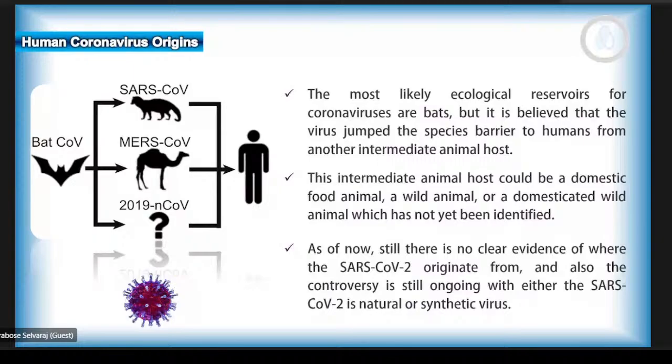So we are in a dilemma about where it realistically came from. There are so many assumptions. Still, some say it may have arisen from the pangolin, but we are getting more similarity elsewhere. That is the confusion. Still there is no clear evidence of what the intermediate animal host is from which it initiated.